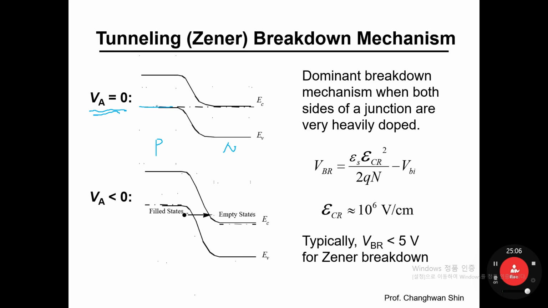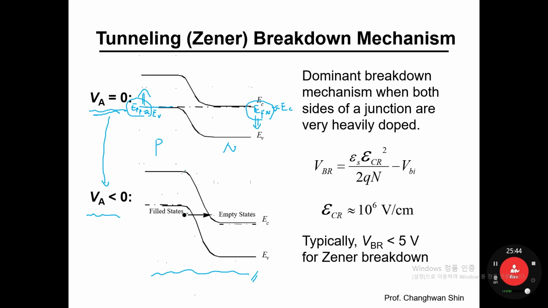But here notice that the E sub Fp is approximately identical to the valence band E sub V. And here the Fermi energy level in the n side is approximately equal to the E sub C. And under reverse bias, the E sub Fp moves upward and E sub Fn moves downward, then you may draw the energy band diagram of heavily doped p-n junction diode under reverse bias.